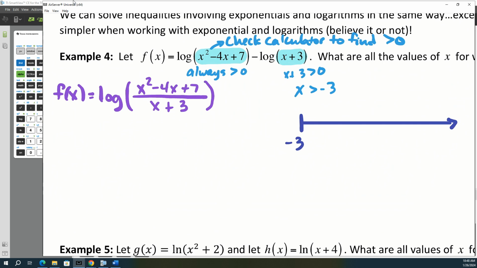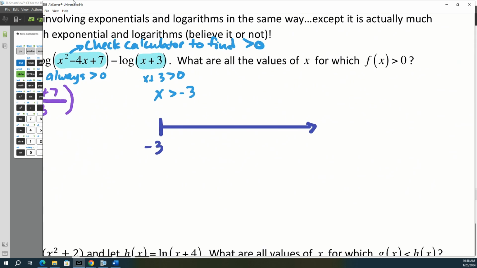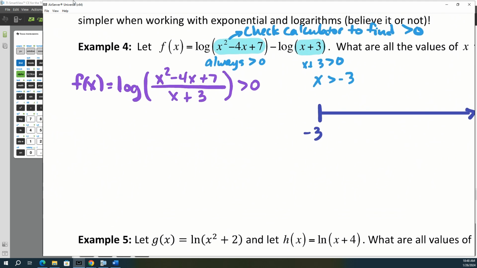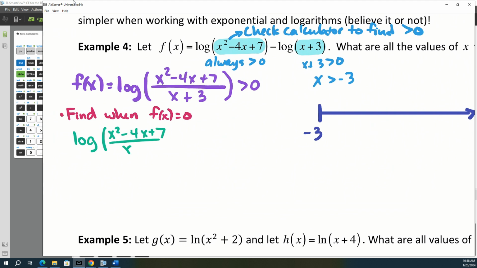Our goal is to find where this function f of x is greater than 0. So just like we did with polynomials, we're going to find when f of x equals 0. I'll take our logarithm and set it equal to 0. Those are the points that we're going to put on our number line.